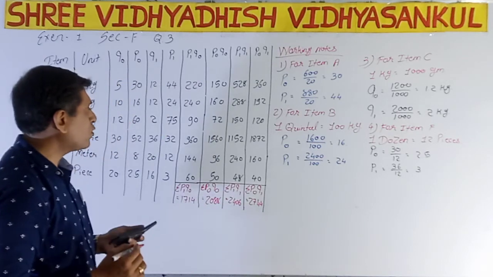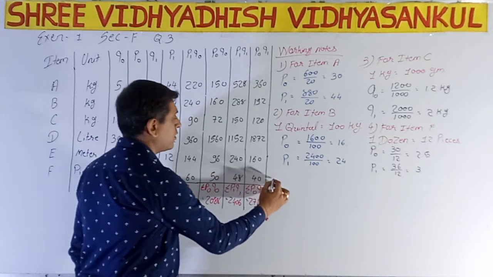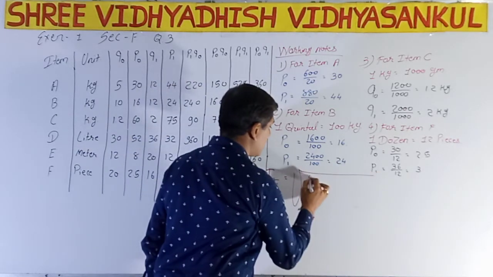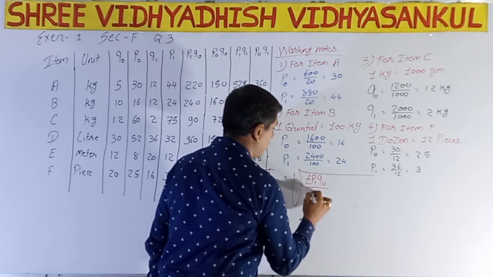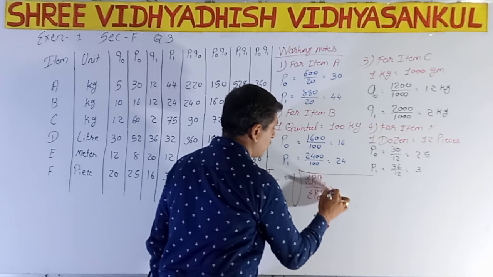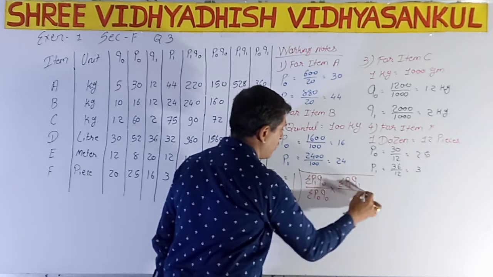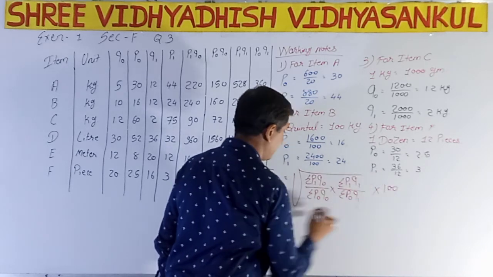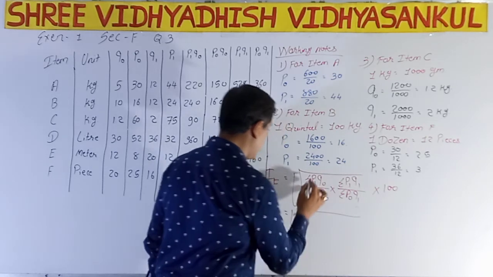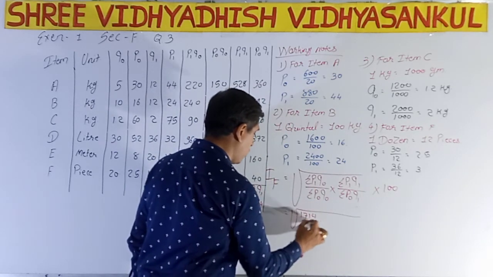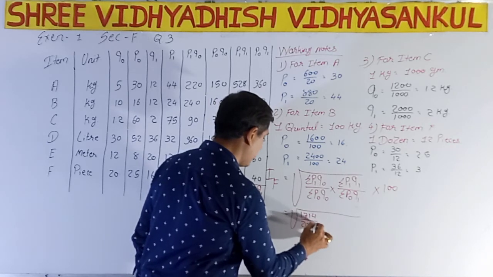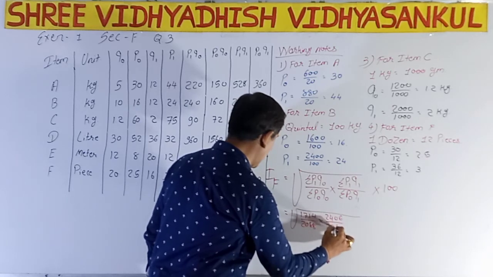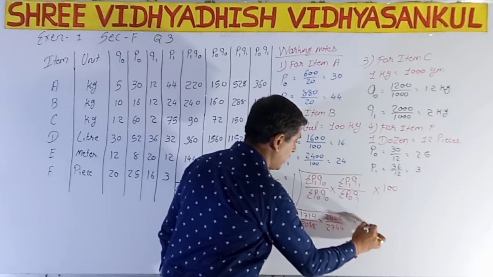Right? Now we have to just find out the Fisher index number, that is IF is equal to square root of sigma P1 Q0 upon sigma P0 Q0 into sigma P1 Q1 upon sigma P0 Q1 into 100. Just put the values here: 1714 upon 2088 into 2406 divided by 2744 into 100.